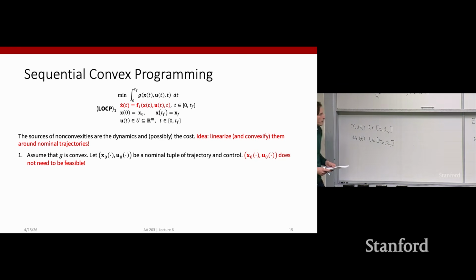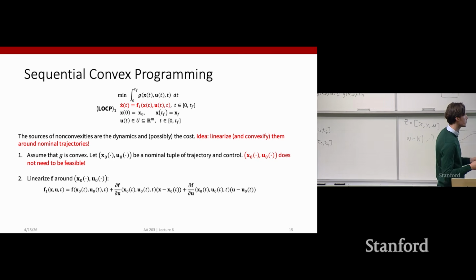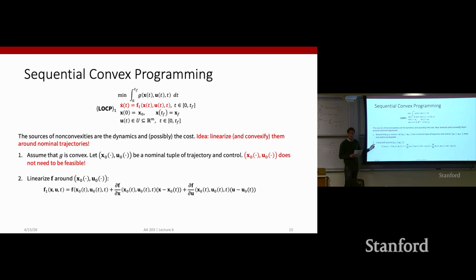The way we want to linearize, remember what we're doing here is taking the nonlinear program and turning it into a convex optimization problem. And we do this by linearizing the nonlinear dynamics, specifically around this nominal trajectory. We do this as usual through Taylor expansion.